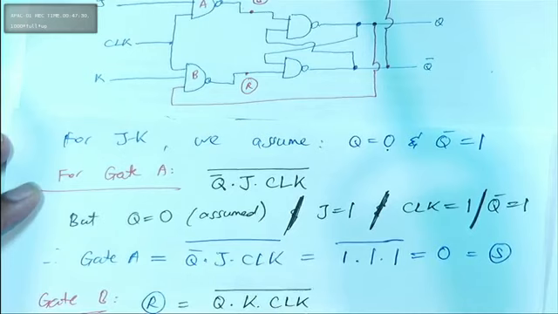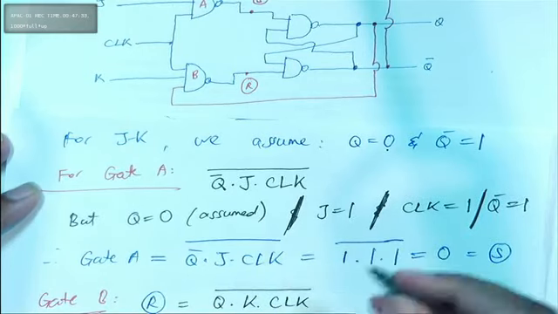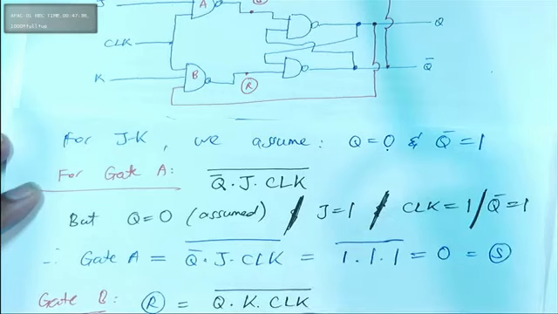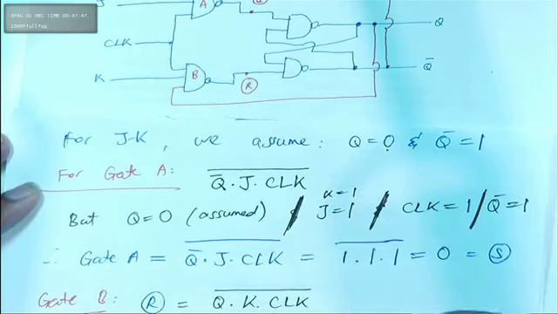Q is assumed to be 0, K is assumed to be 1, J and K are both 1. And clock is assumed to be 1. That is 0 bar, which is equal to 1, and that is equal to R circle.